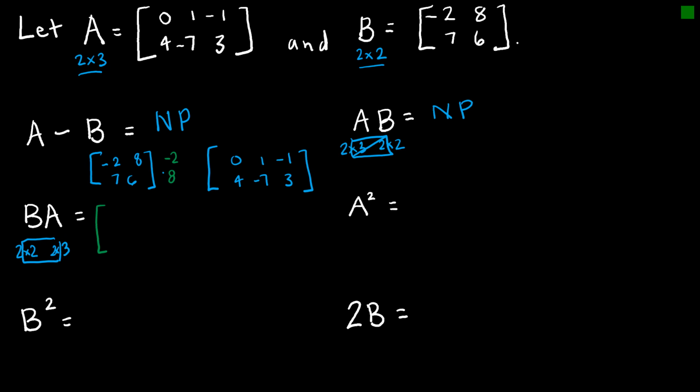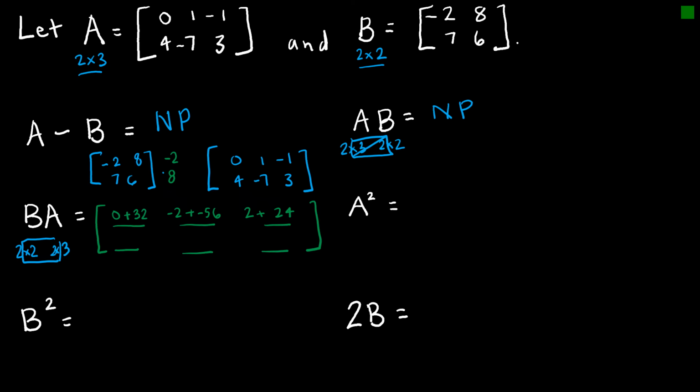So my solution here would be negative 2 times 0, which is 0, plus 8 times 4, and then negative 2 times 1, plus 8 times negative 7, and then negative 2 times negative 1, plus 8 times 3. And again, I could have done this ahead of time to make sure I remember that I've got a 2 by 3.